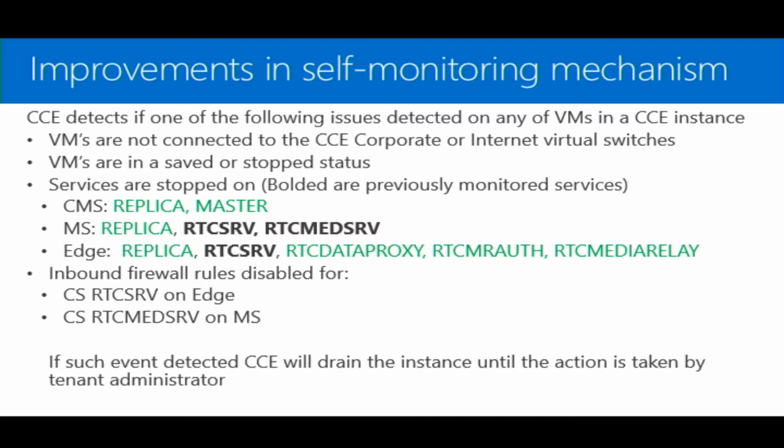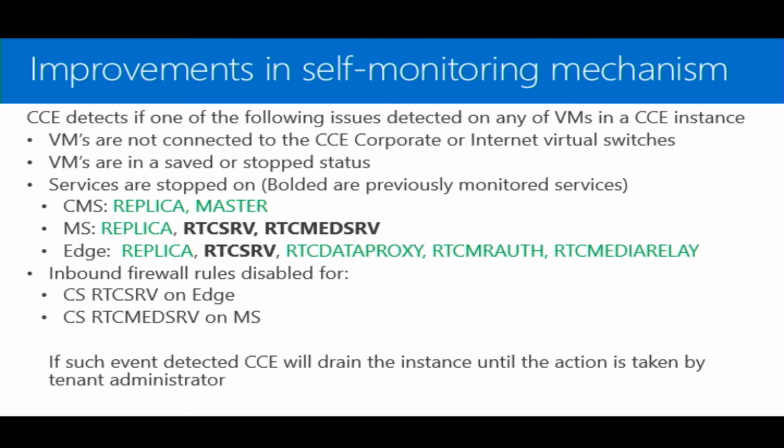The first thing we're going to talk about is the CCE corporate and internet virtual switches. Within CCE we have these virtual switches that allow the different components to talk either toward the outside firewall, the internet side, or the inside firewall, the enterprise side.